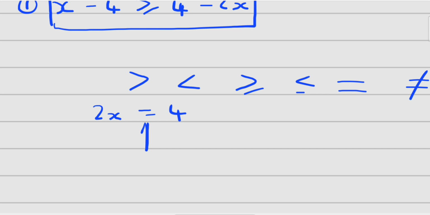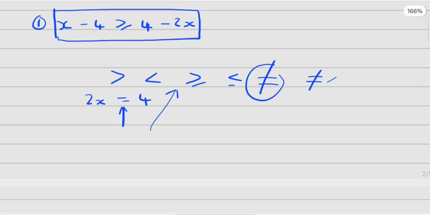But if we replace this equal sign with any of these, and that makes it an inequality, right? But we still treat it the same as we would if we were working through it with an equal sign, like that, right? So we're going to be working through this as if it had an equal sign, but right towards the end, that's where we need to be careful, because it's an inequality and this is not just an equal sign, right?